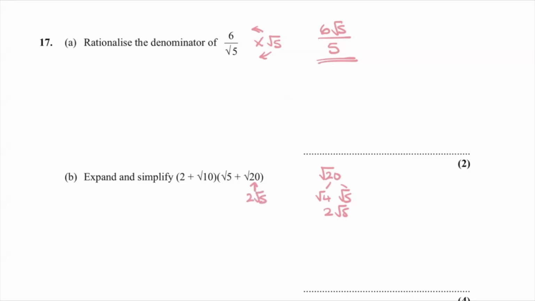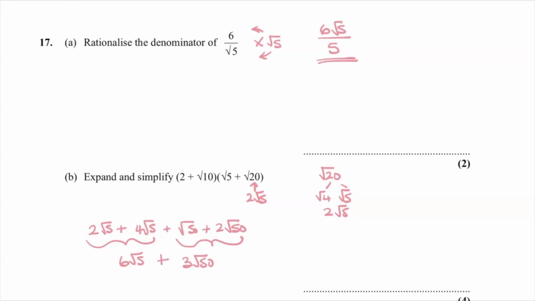Now, when I crab's claw this, I will end up with 2 root 5 plus 4 root 5 plus root 50 plus 2 root 50. Now, my root 5s can be collected for 6 root 5, and my root 50s can be collected for 3 root 50. And obviously these are added.